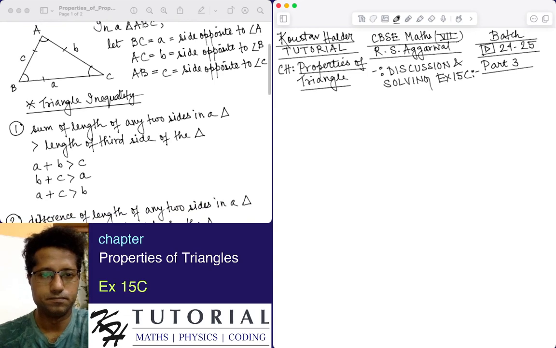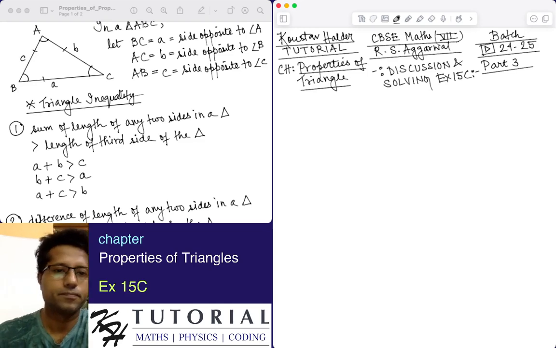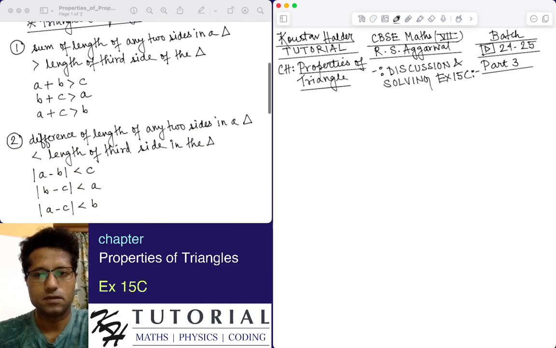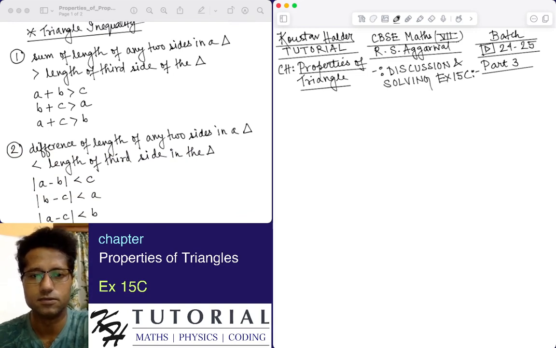So this states that for any two sides of a triangle, the sum of the lengths of those two sides will be greater than the length of the third side. Now a similar inequality states that the difference of length of any two sides in a triangle is always less than the length of the third side.